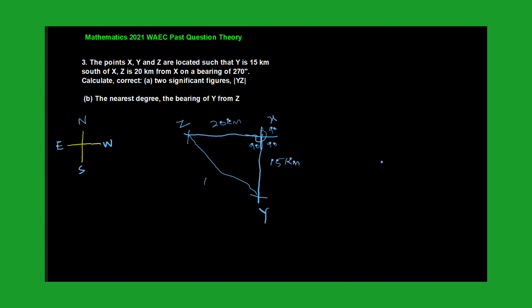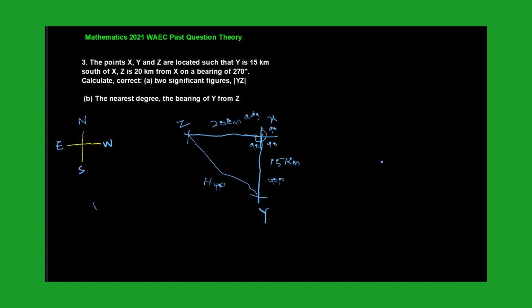So here will be the hypotenuse, because the angle 90 faces the hypotenuse. Then here will be our opposite, and this place will be our adjacent. So using Pythagoras theorem, let's find the value of YZ.